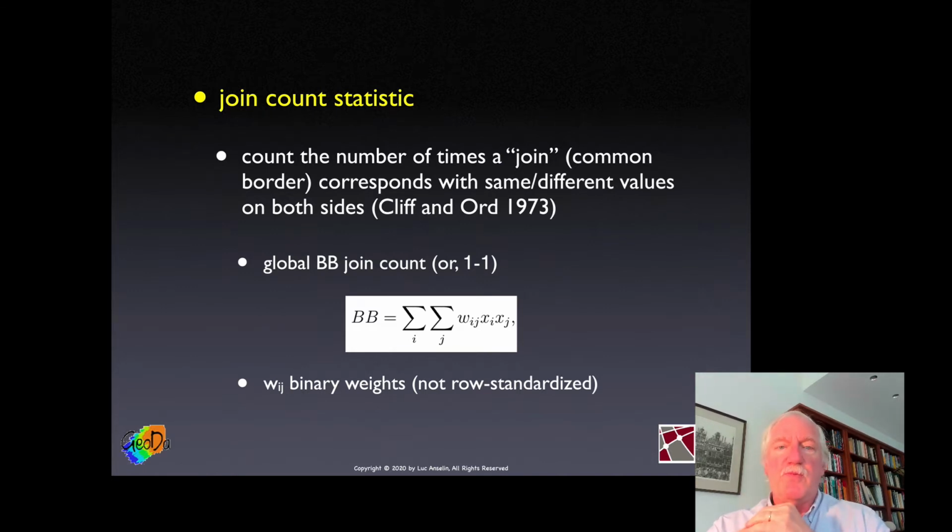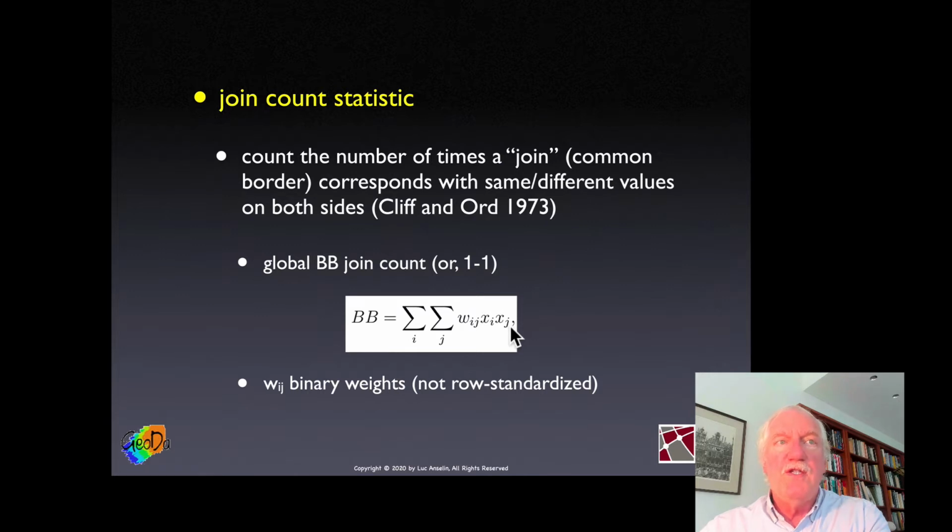Now, how can we express that mathematically? Well, first of all, we have our double sum again for all the possible pairs. And here we have a product of binary weights, 1 or 0, not the row standardized weights in this case, x at i and x at j.